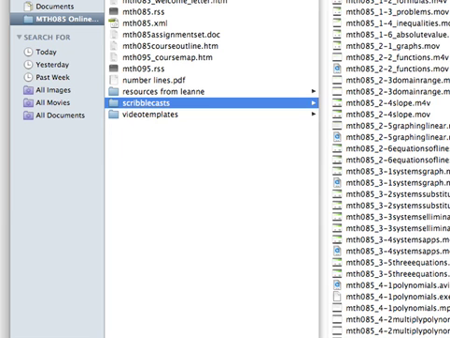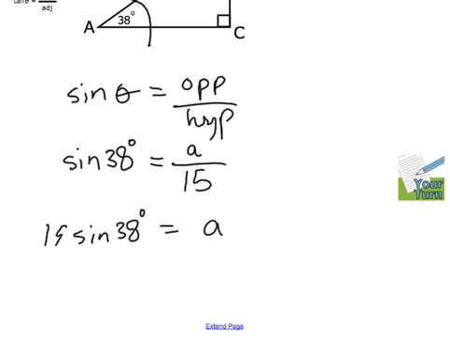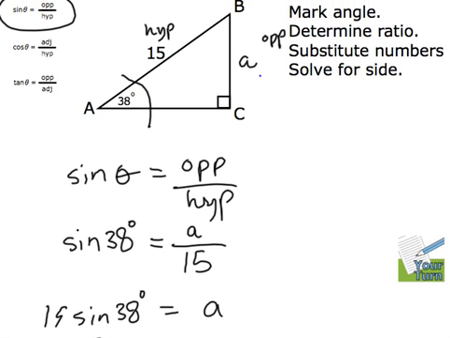So my A, sorry about that. Seeing a list of my files there. Here we go. My A comes out to being 9.23. So this side up here is 9.23.